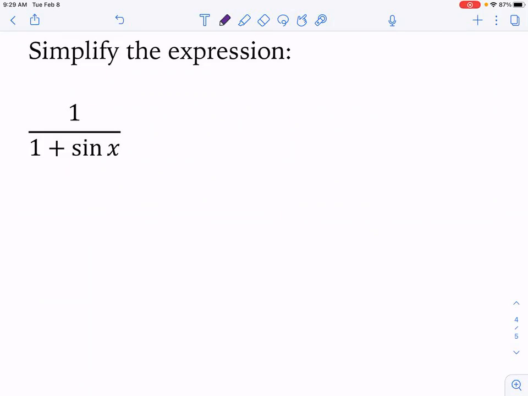But watch what happens. Remember what a conjugate is? A plus B and A minus B are conjugates. And when you multiply conjugates together, we get the difference of squares. So if I have 1 plus sine of x, I'm going to multiply it by 1 minus sine of x. Now, can I just multiply by 1 minus sine of x?